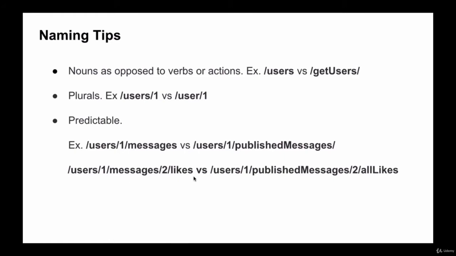Or in this example, a good collection URI will look like users, a specific user, messages, a specific message, and then a collection of likes, rather than published messages and then a specific message, and then all of a sudden it became all likes, rather than simply a collection of likes. So please avoid this published messages or all likes, and follow as much as possible this very simple pattern where we have user as a resource, and if it's a collection of users, we call it users.